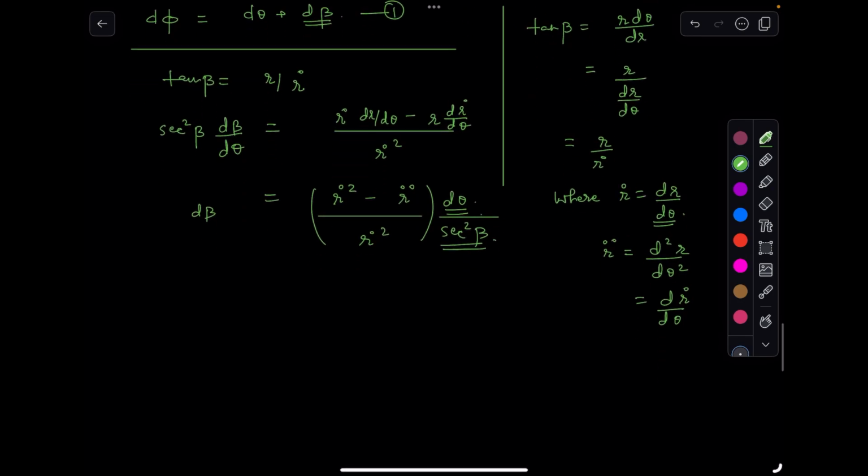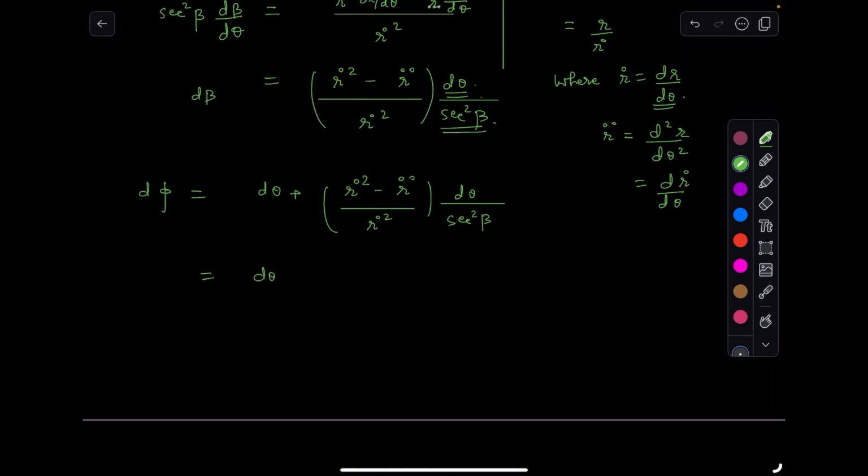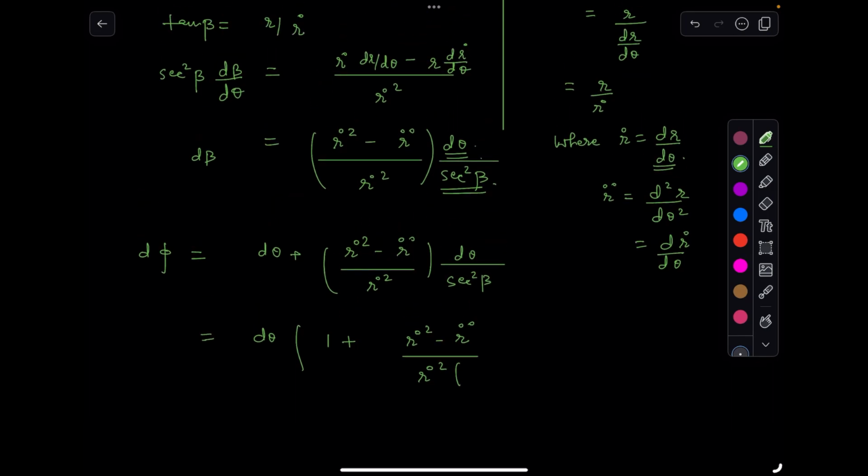Now we will put this value in equation 1, then we will have d phi, and d phi is nothing but d theta plus d beta, and d beta is r dot square minus r double dot divided by r dot square into d theta divided by sec square beta, and this will become d theta into 1 plus r dot square minus r double dot divided by r dot square, and sec square beta is nothing but 1 plus tan square beta.